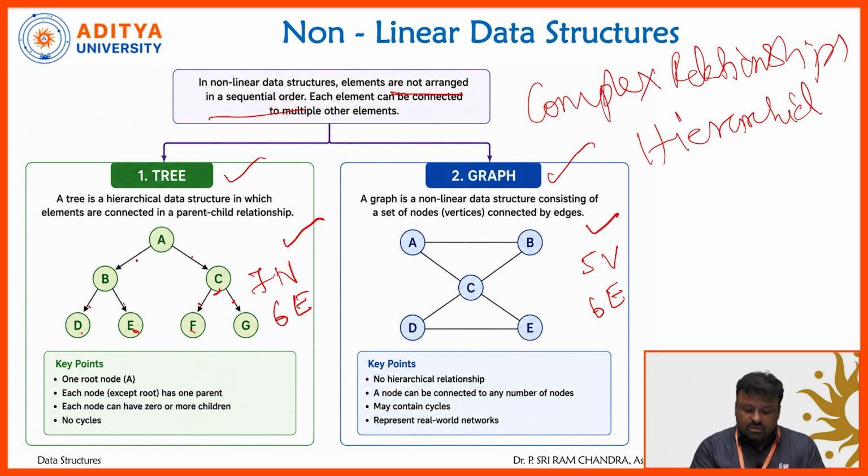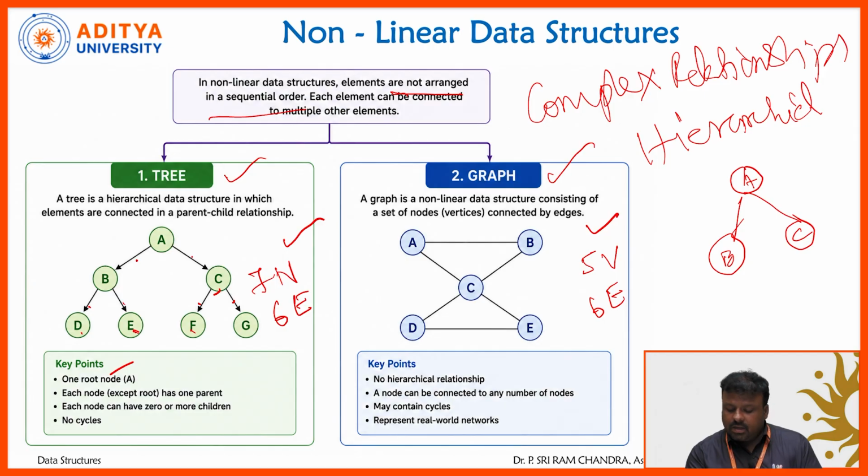If I wish to draw any other tree, for example A, B, C, here it contains 3 vertices or 3 nodes and 2 edges. So with this, I want to tell the definition of the tree: a graph with n vertices and n minus 1 edges is called a tree.